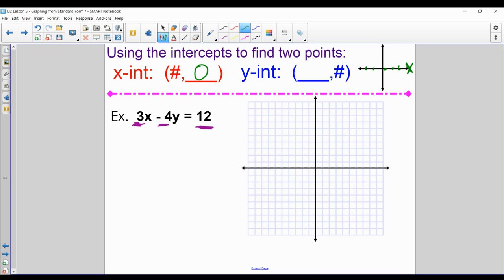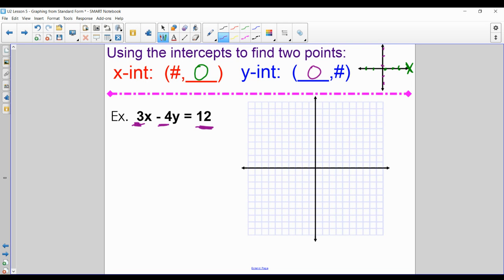If I want to find the y-intercept, that means that I'm somewhere on this y-axis, which means the x value has not moved in the positive direction or negative, to the right, to the left. So my x value is 0.